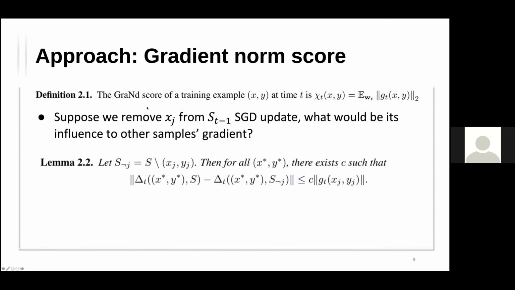That's why the GraNd score is the L2 norm of the gradient of (x_j, y_j). So they use this as the influence score.